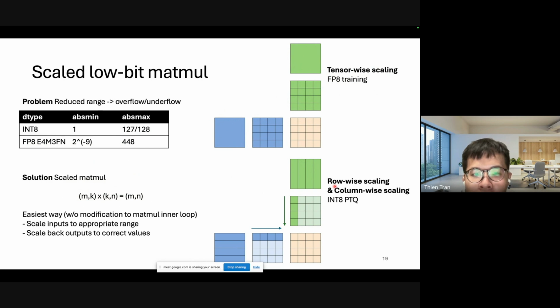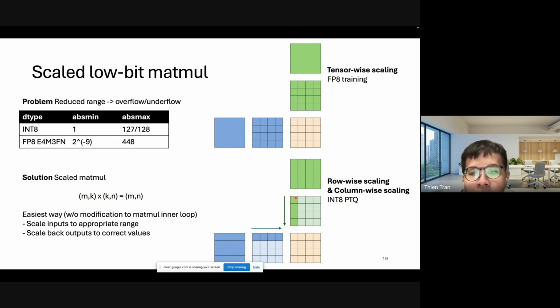This one will be a bit more complicated, but this is actually what all of the frameworks have been using for post-training quantization. This was happening even before all of the LLM craze, I think with CNN models it's also like this. The idea is that for the activation matrix, we quantize it per row. So when you have one row, it will share one scale.